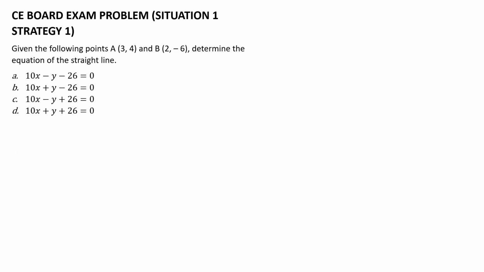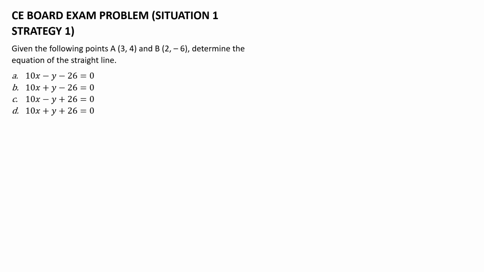And now, after all the formulas were mentioned, let us try to solve a CE board exam problem, given as situation 1, strategy 1. Allow me to read the problem. Given the following points A (3, 4) and B (2, negative 6), determine the equation of the straight line.